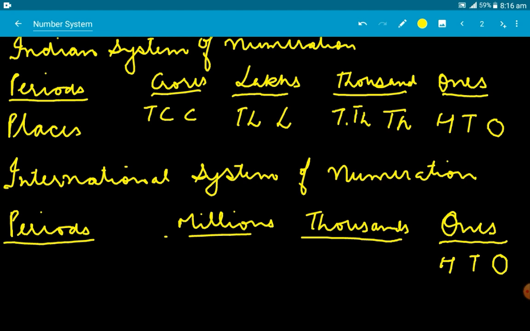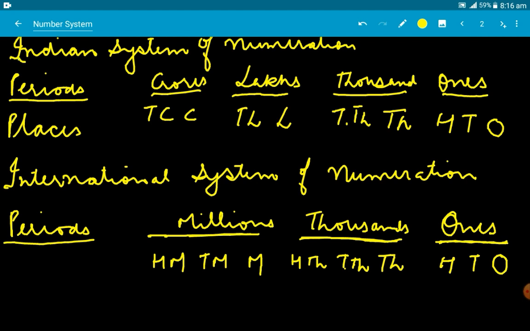Like in ones: ones, tens, hundred; in thousands it is 1000, 10,000, and then 100,000. And in millions it is million, 10 million, and then 100 million. So what is the difference between Indian and international system of numeration?